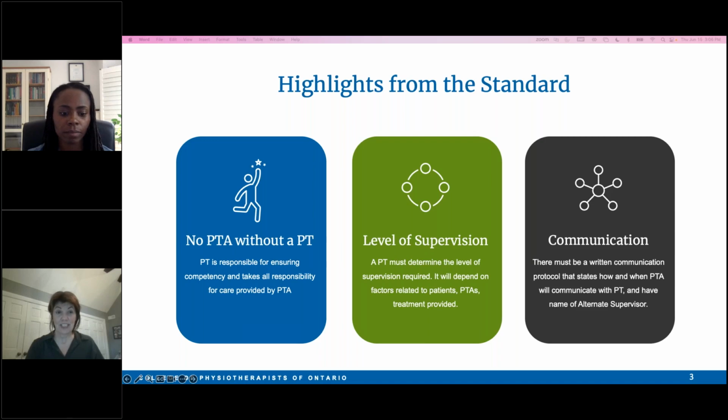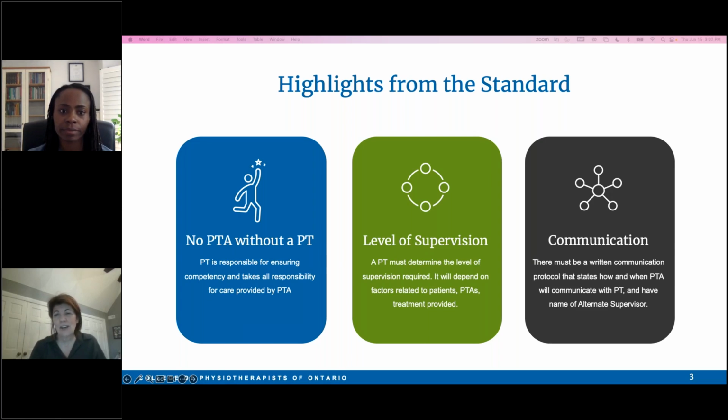And the final section is the responsibilities of that alternate supervisor. If there's a transfer of care, the alternate supervisor assumes responsibility for the patient. That alternate supervisor needs to have the knowledge, the skills and judgment, and can intervene as per any communication protocol.